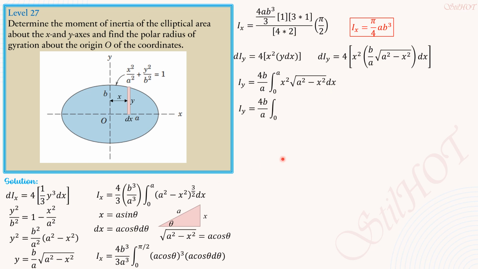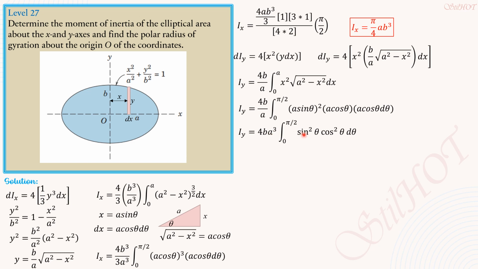So Iy is 4b over a, integral 0 to pi over 2 of quantity a sine theta squared, then a cosine theta times a cosine theta d theta. Simplifying, we have a to the 4th over a, so Iy is 4a cubed b, or b a cubed, integral 0 to pi over 2 of sine squared theta cosine squared theta d theta. So again, we can apply Wallis formula.